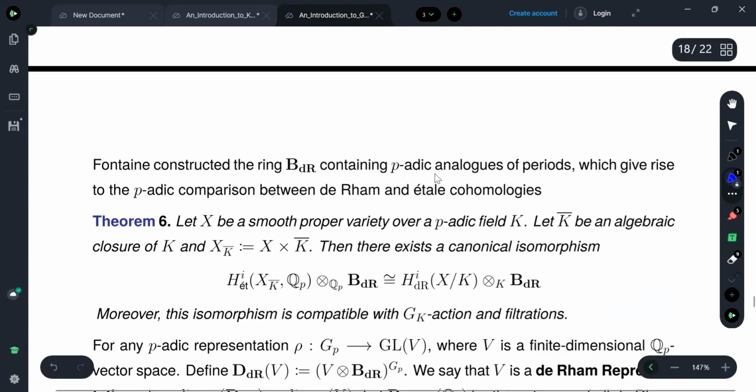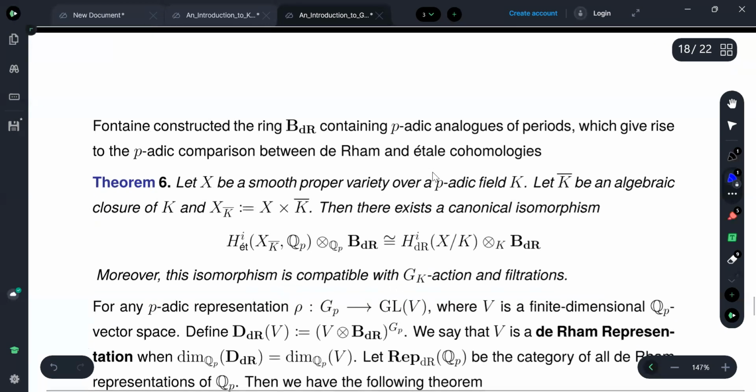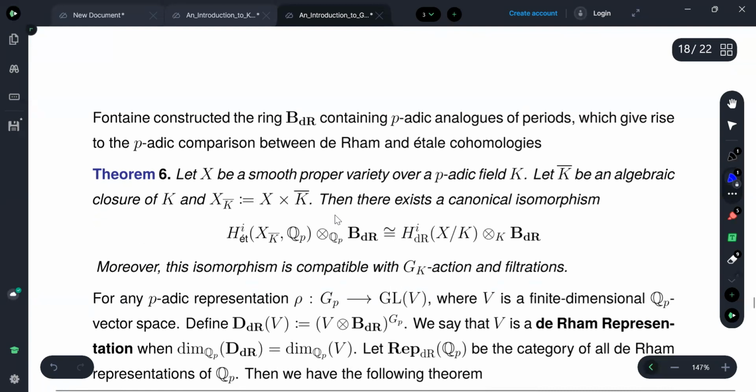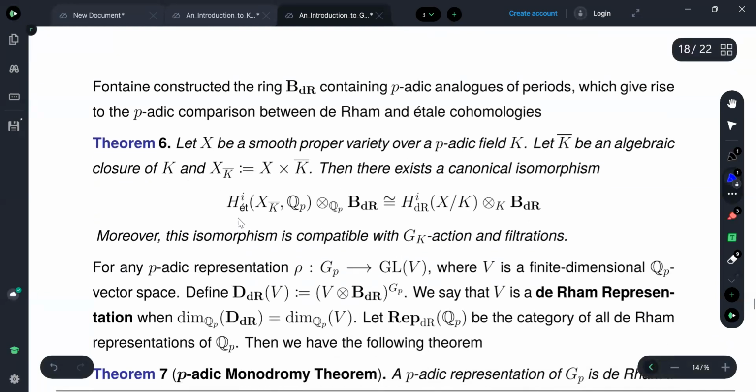Like this is an analog of the 2 pi i in complex algebraic geometry. And this gives a complicated-looking comparison theorem between two different cohomology groups, the étale cohomology group and the de Rham cohomology group.